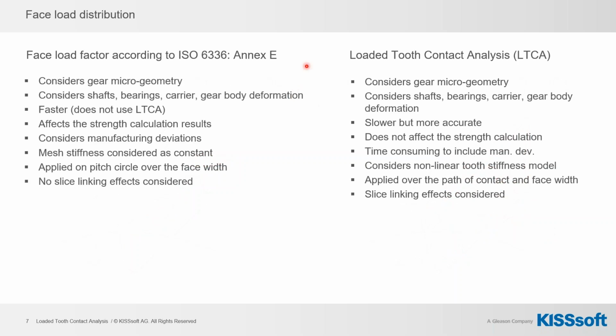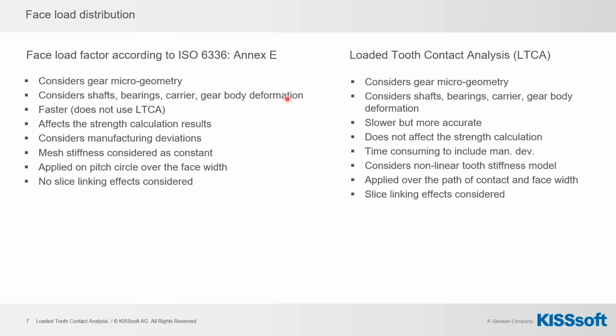And today I will be talking a lot about the face load factor and the face load distribution one-dimensional, simply because I can do a lot of sizings much faster for the flank line, and then I can run a final tooth contact analysis to again show these results over the entire tooth flank.